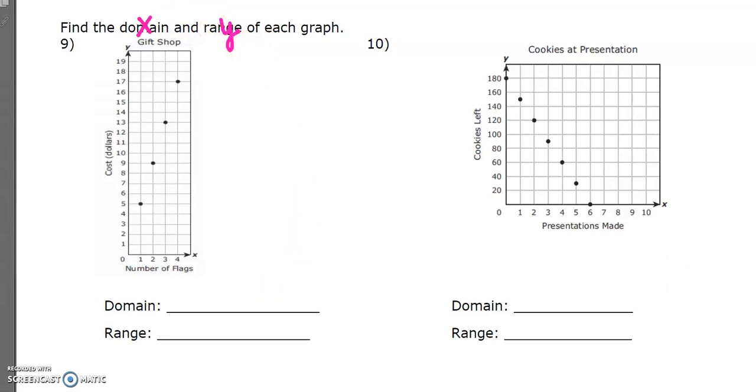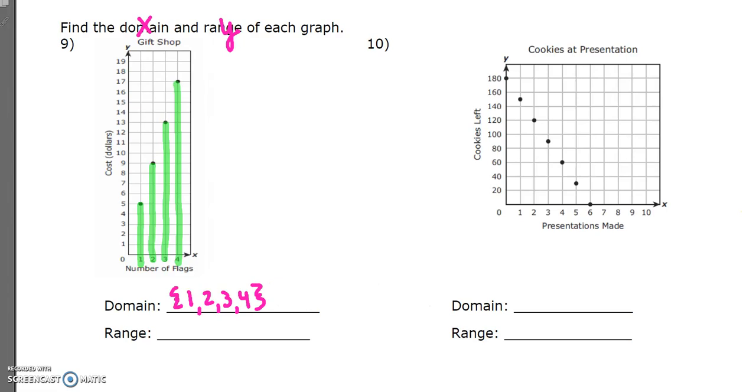So my domain, I just need to look at my X values. So from each point, I'm going to go down and see what the X values would be for each one of those points. So it looks like for my domain, we have the numbers 1, 2, 3, and 4.